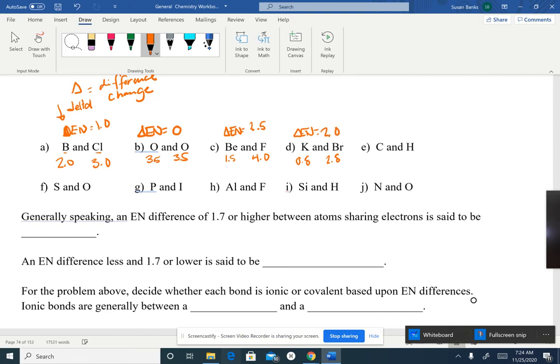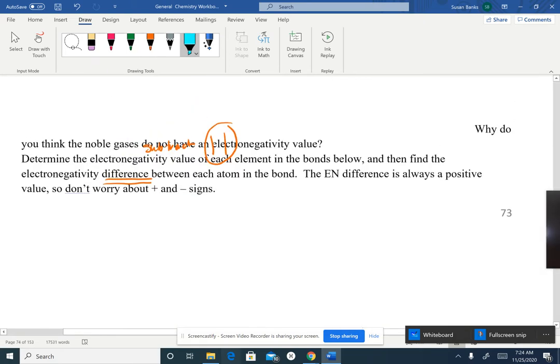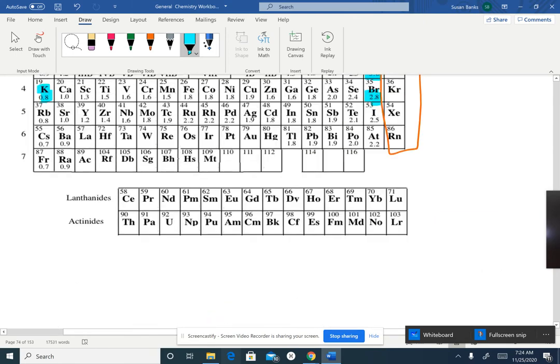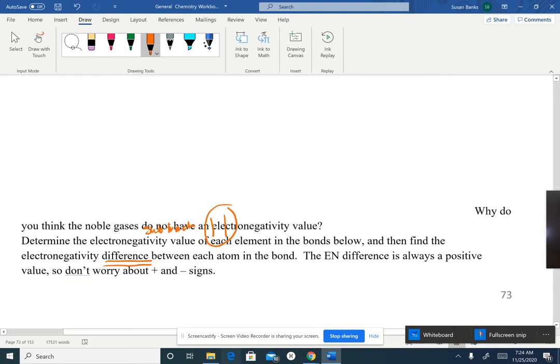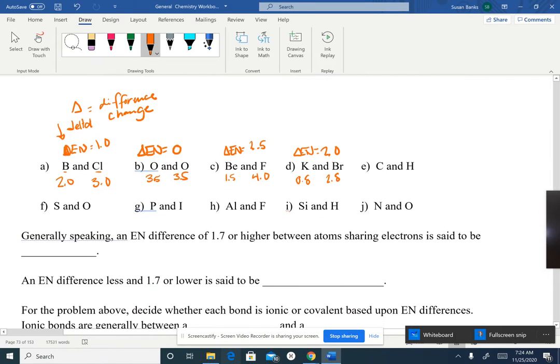Okay, carbon and hydrogen. Let's look at that. Carbon's 2.5 and hydrogen is 2.1. So 2.5 and 2.1. The difference here is going to be 0.4.